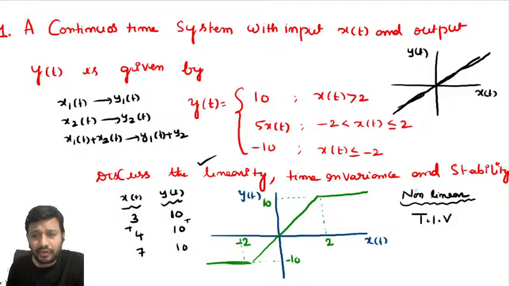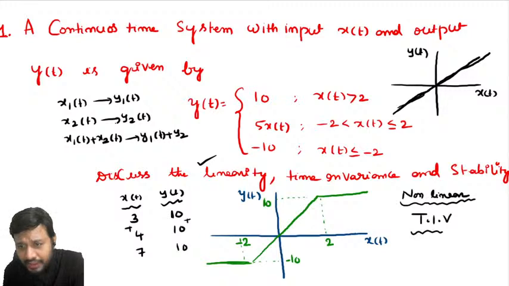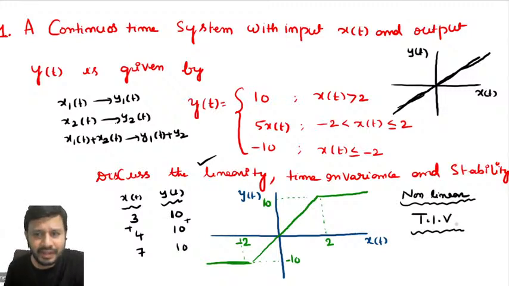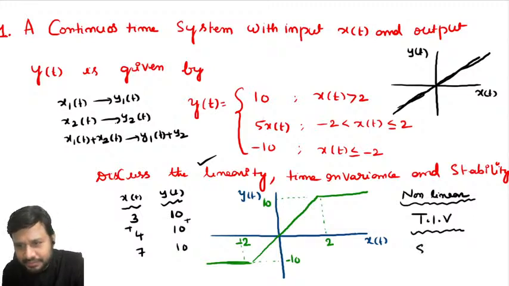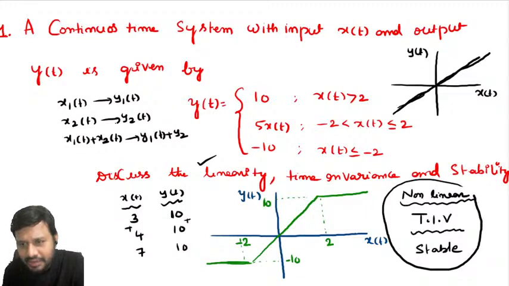So input delay will be equal to output delay, in which situation you can say that this is time invariant. Stability, bounded input must produce bounded output. So here if you apply any bound from this input output relationship, by looking at that only you can say if input is bounded, output is always bounded, right? Stable. So your answer must be non-linear, time invariant and stable.